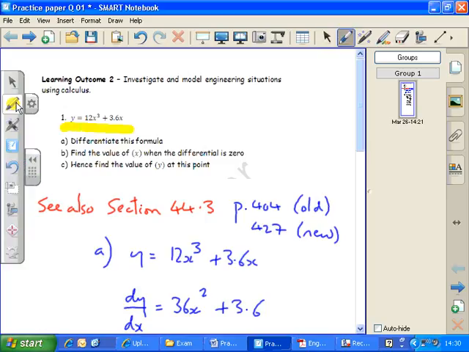So y equals 12 times 0.316 cubed plus 3.6 times 0.316. And that will give you y. So now we're looking at a situation where we've got the imaginary axis here being represented.